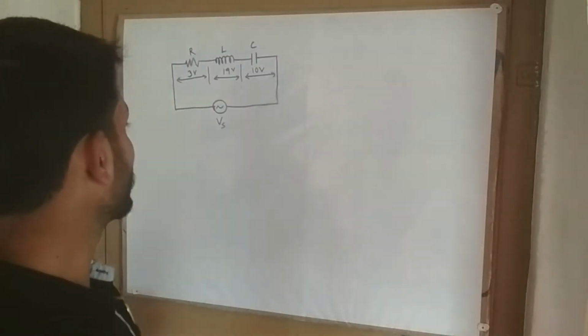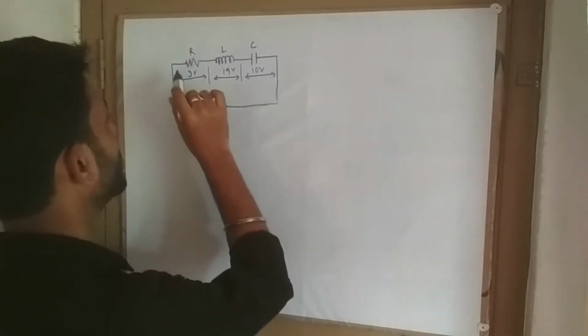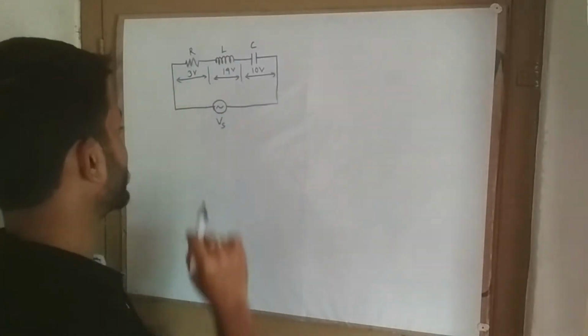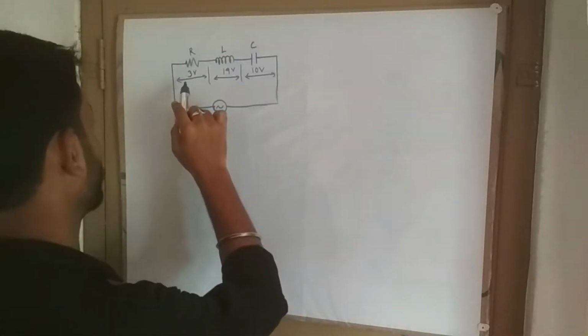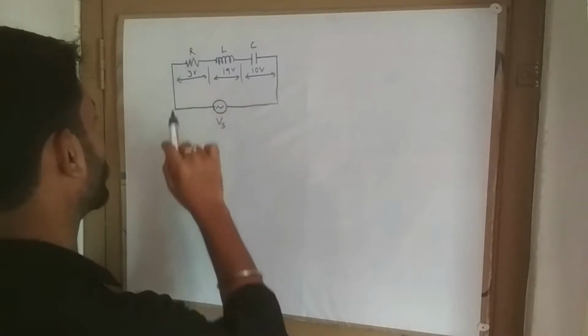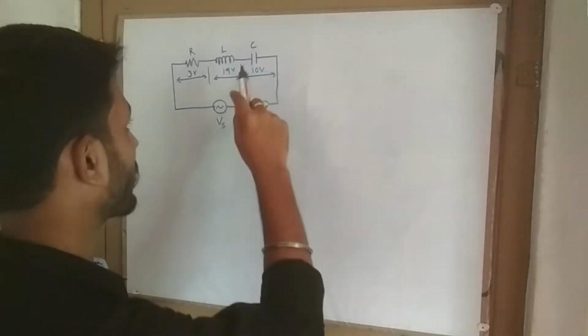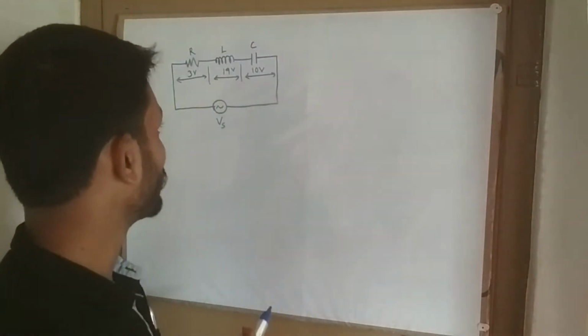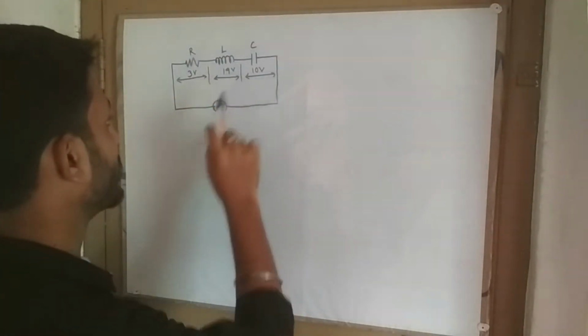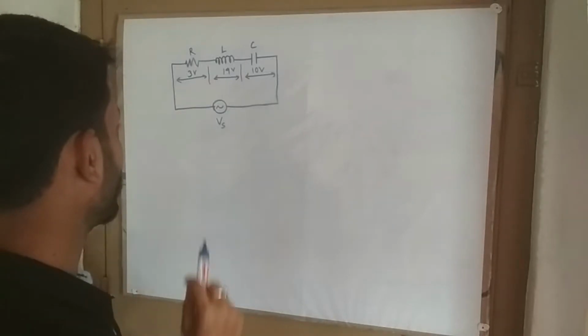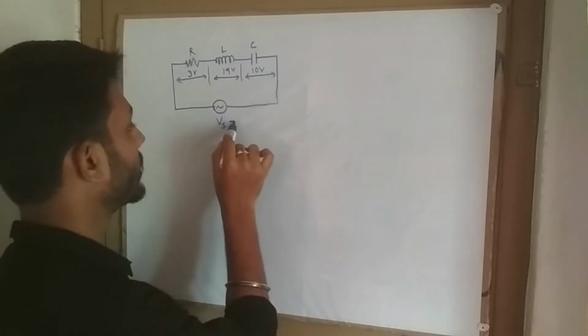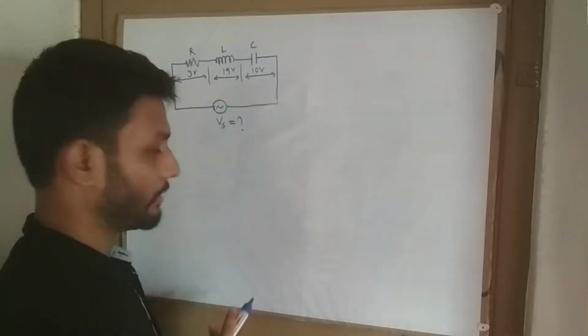Here the question given is in a RLC series circuit the voltage drop across resistance is 3 volt and inductance it is 14 volt and across capacitance it is 10 volt. These three voltage drop values are given and you have to find out this supply voltage value.